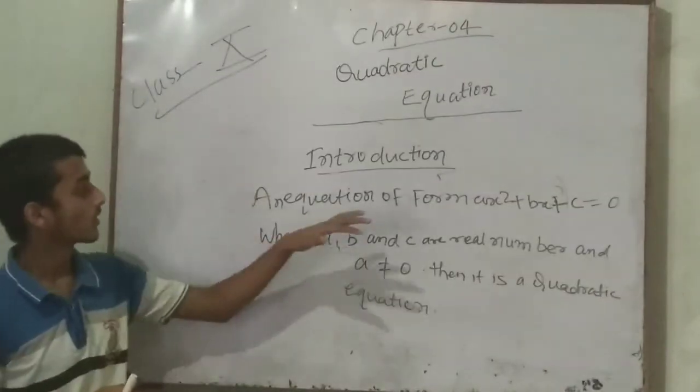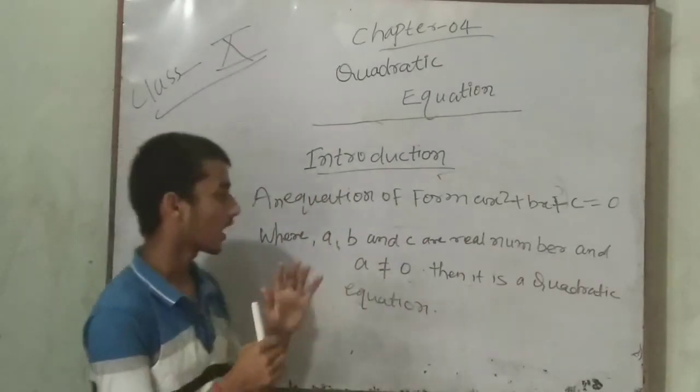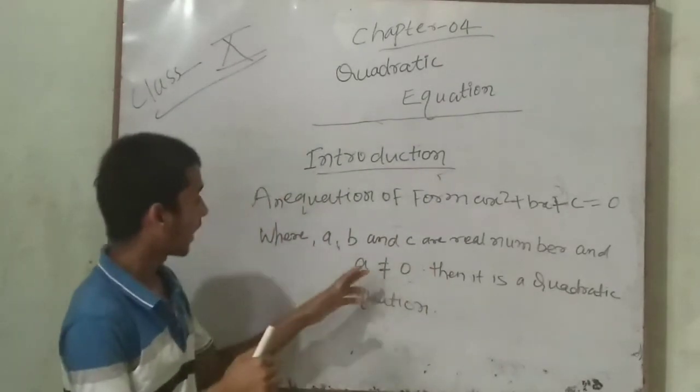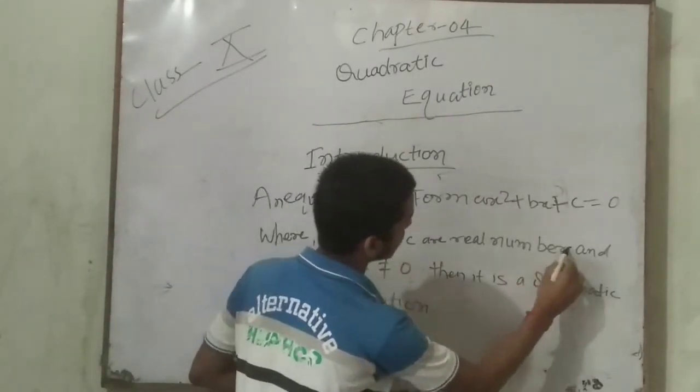Means an equation of the form ax square plus bx plus c equal to 0, where a, b and c are real numbers and a not equal to 0, then it is a quadratic equation.